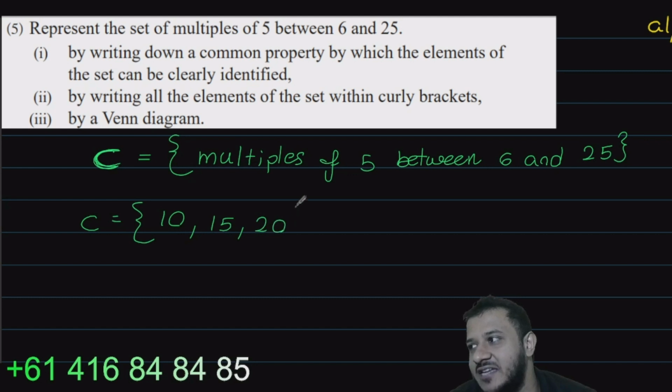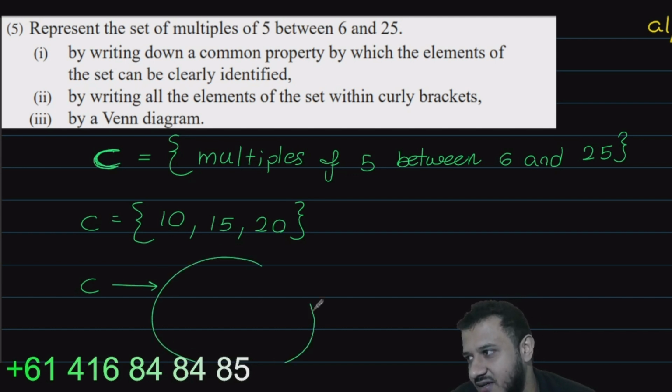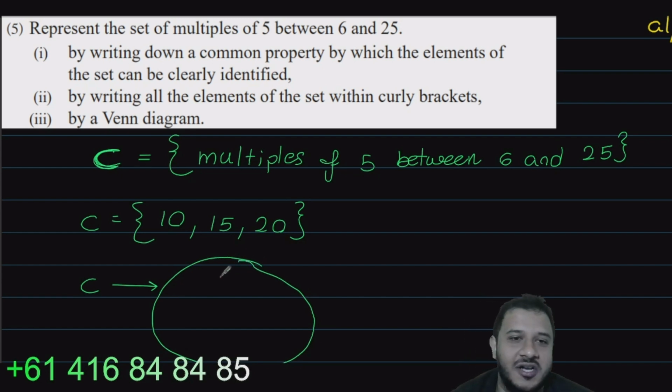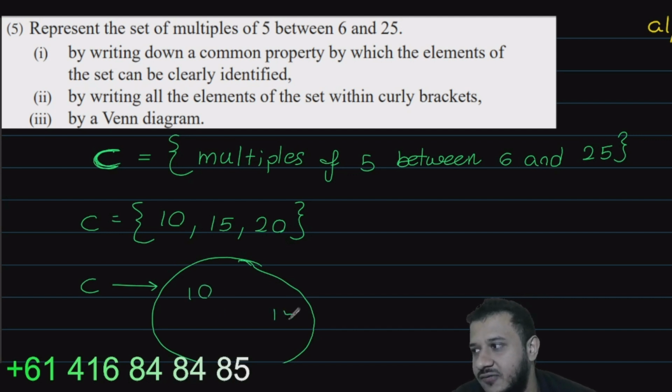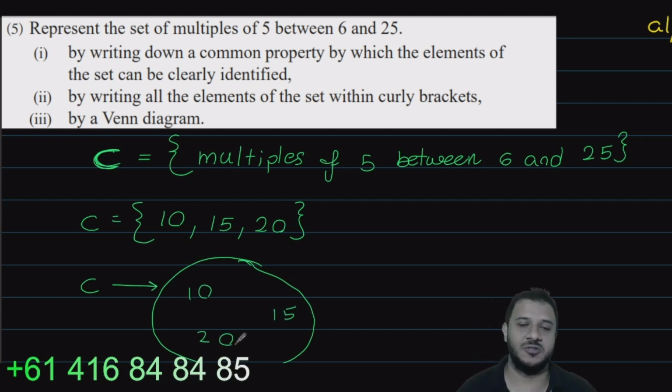That's it. Can we write 25? No, because it's between. You should not use 6 or 25. And then the last one, as a Venn diagram, you draw a C and you make a nice circle or a square or a rectangle, whatever, a closed shape. And then you write down 10, 15 and 20. That's how you do it.